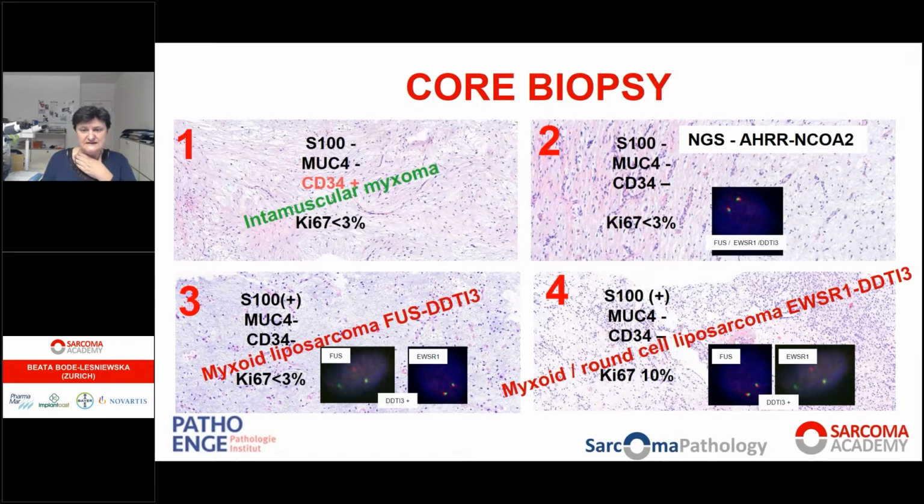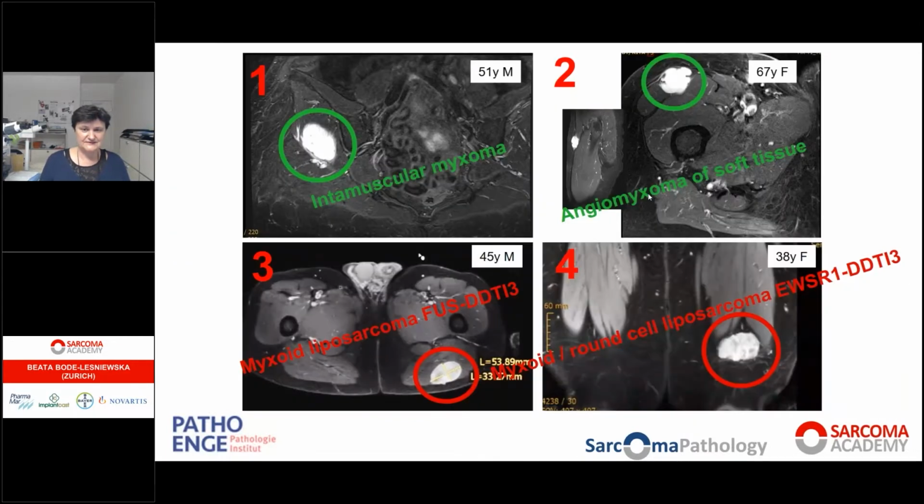So this tumor number 2 corresponds to a benign angiofibroma. Sorry, I should say angiofibroma of soft tissue. So in fact, all those tumors, sorry for this misspelling, it's angiofibroma of soft tissue.